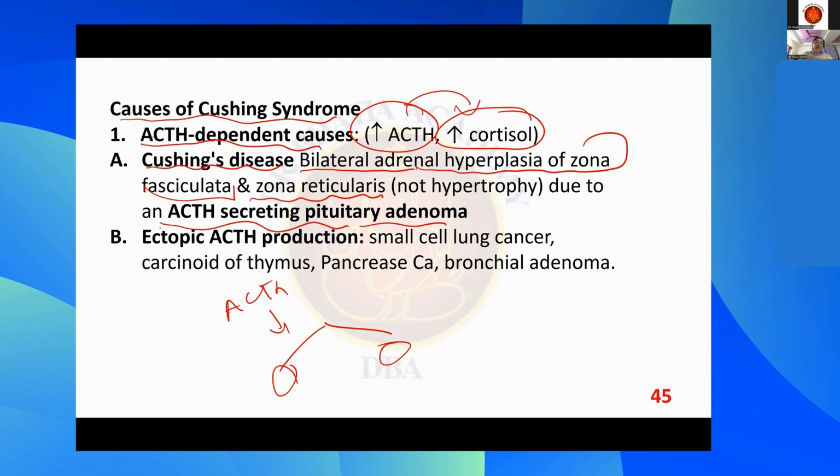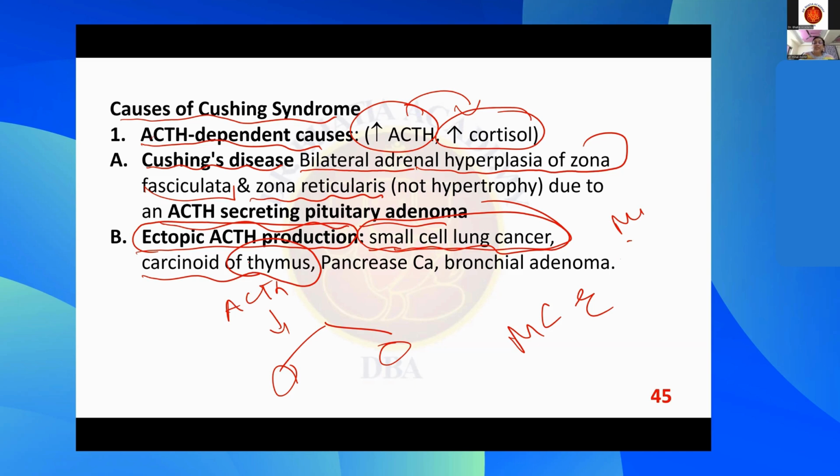Now, it can also be ectopic ACTH production. Maybe it is not coming from the pituitary, but from somewhere else. The most common cause of ectopic ACTH is small cell lung cancer. You can also have an MCQ asking which does not cause ectopic ACTH. Lung cancer causes ectopic ACTH. Carcinoid of thymus causes ACTH production. Carcinoma of pancreas and bronchial adenomas also cause ectopic ACTH production.